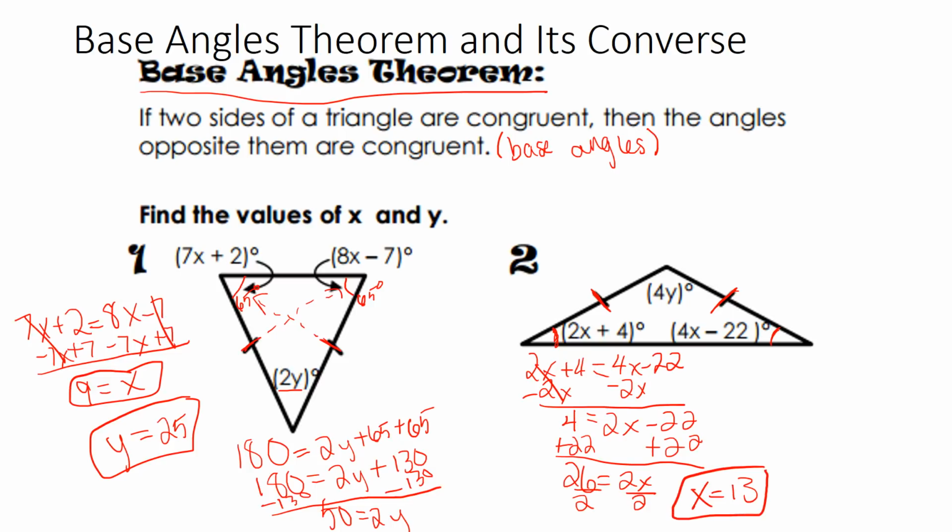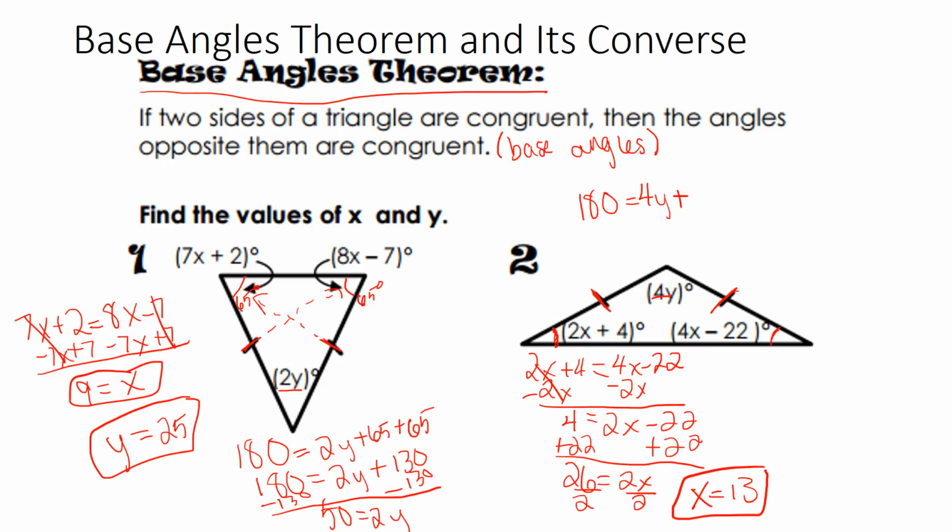But now we still need to find my y value. Just like we did on the last one, we know that the sum of all the interior angles is 180 degrees. So 180 is equal to 4y plus the other two angles.